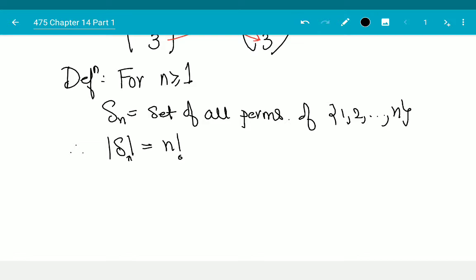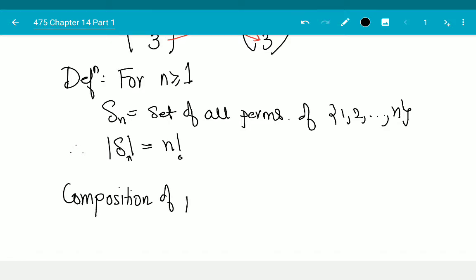So now, as I was saying, we can join two permutations, which is to say, I can compose two permutations. We know how to compose functions, right? You have seen composition of functions before, hopefully.